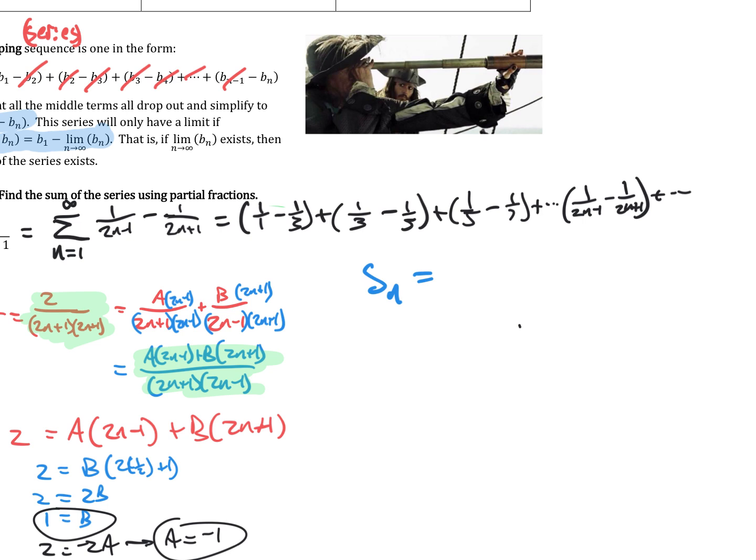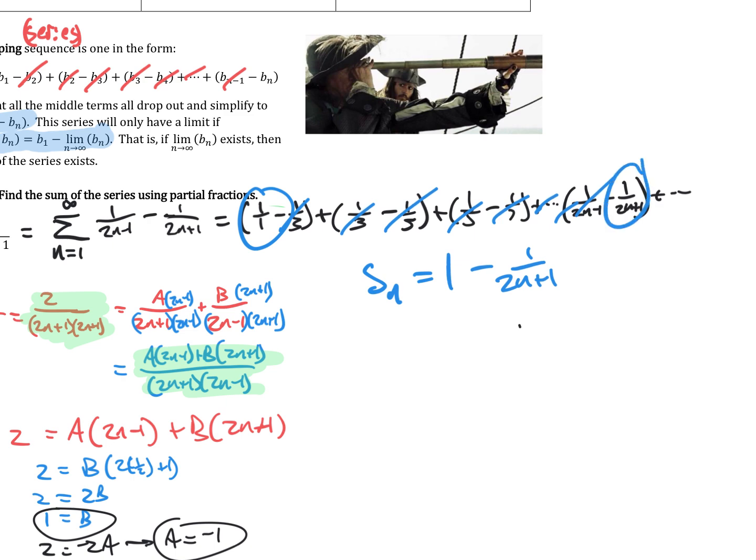The negative 1/3 is going to cancel with the positive 1/3, the negative 1/5 with the positive, the negative 1/7 with the next one. They're all going to cancel except for the first and the last. So in the end, the nth sum is 1 minus 1 over 2n plus 1.